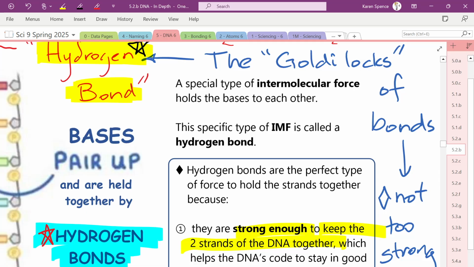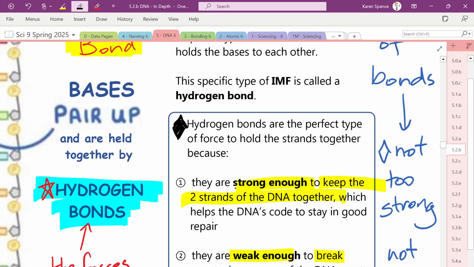And if you want to do the enriched part, you can explain that they are the perfect type of bond because they are strong enough to hold the two strands of DNA together, right? Because you don't want it just flying apart. But they're weak enough to break apart. Do you remember when we make those partial copies of the DNA?